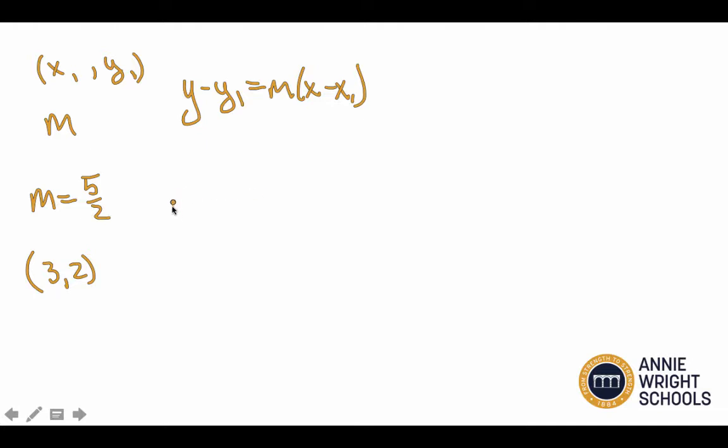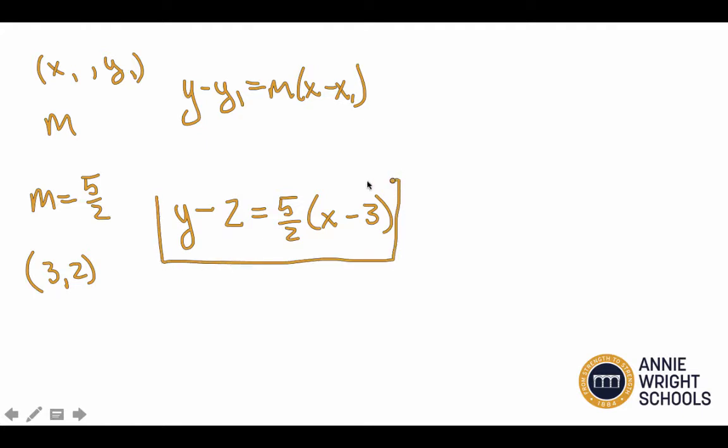So to write that line, we could just say y minus the y coordinate equals the slope times x minus the x coordinate. And you're done. That's it. To graph this, the tricky thing is to notice that it's the point 3, 2, not -3, -2. So it has to be a minus sign there.